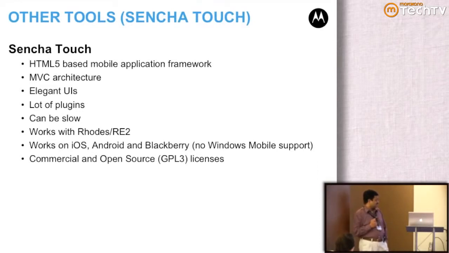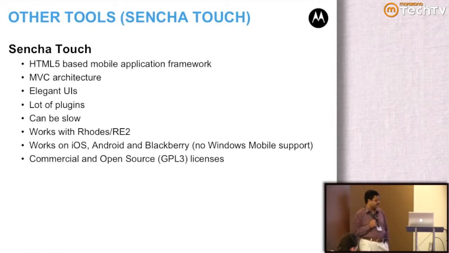The kind of downside is it's slow. It's not as fast as jQuery Mobile and definitely not as fast as jQMobi, but it's still pretty good. It works on iOS, Android and BlackBerry.